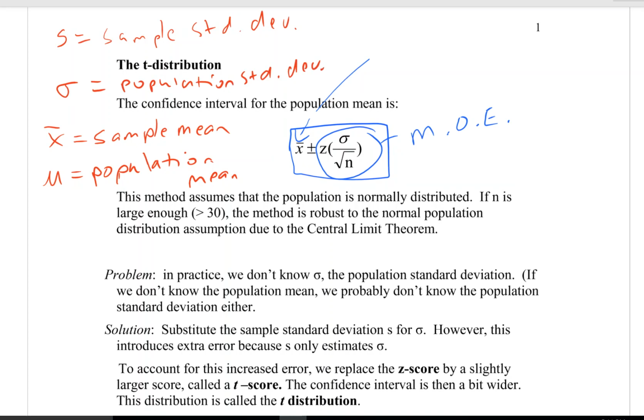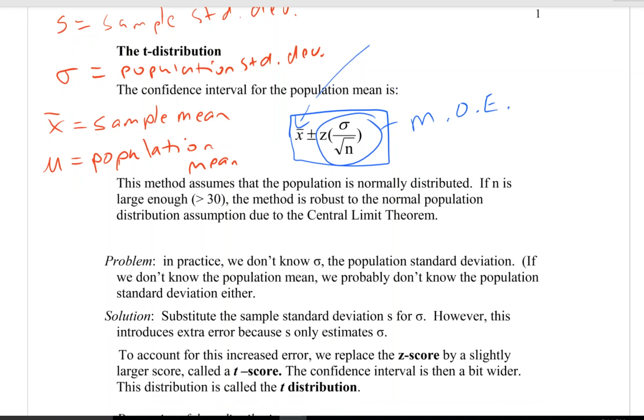Think about it. If we're trying to estimate the population mean mu, then we probably don't know the population standard deviation sigma either. So in practice, we don't know the population standard deviation. If we don't know the mean, we probably don't know the population standard deviation.